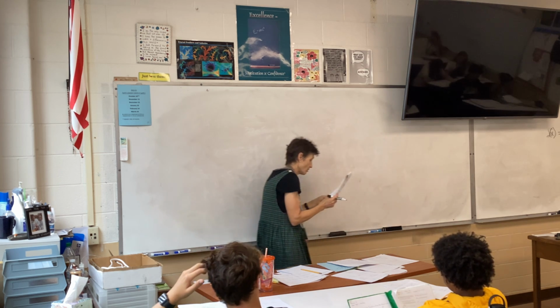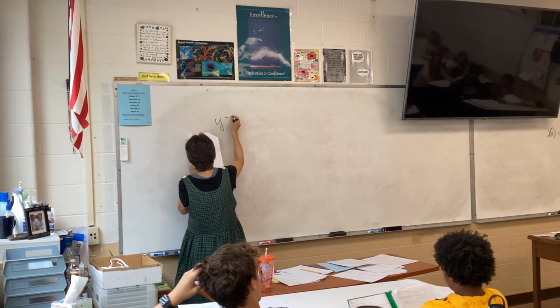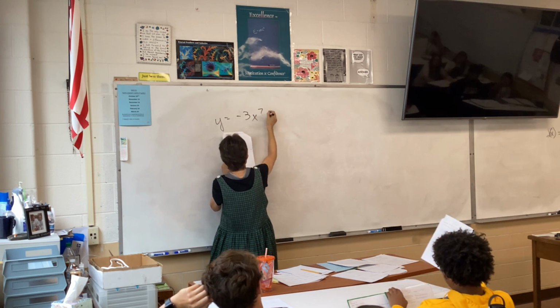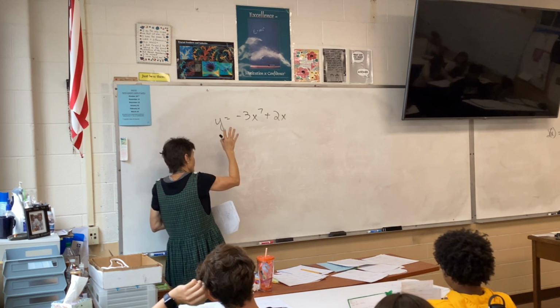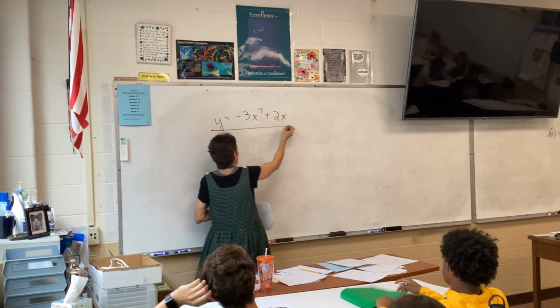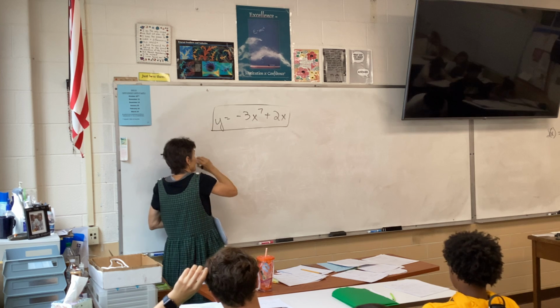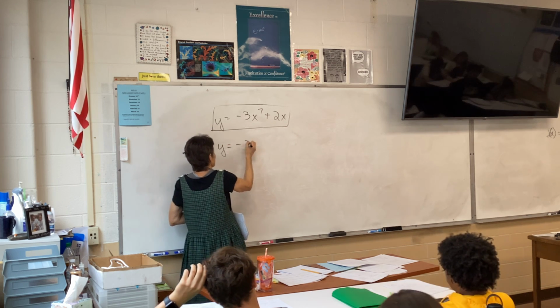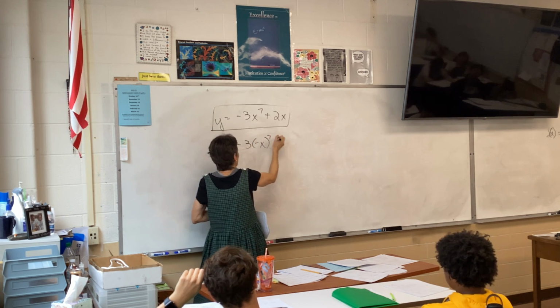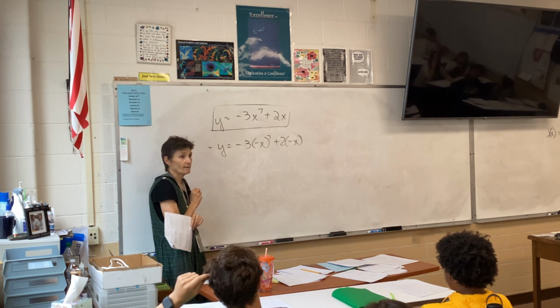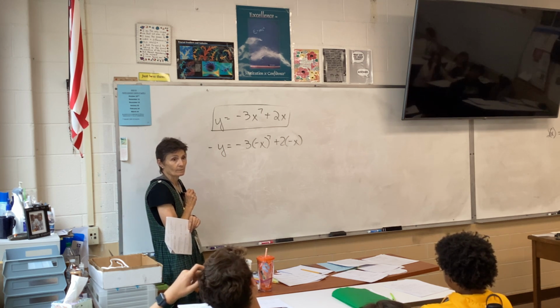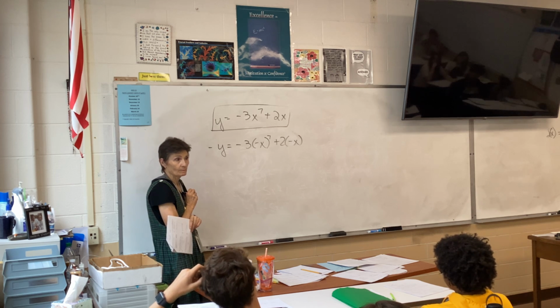Okay, so what's our equation? Y equals negative 3x to the 7th plus 2x. So there's the original equation. That is what I am trying to match. If I change the sign on both the x and y, right?